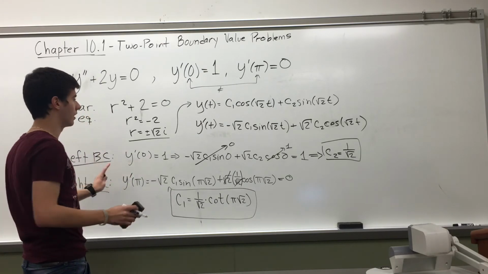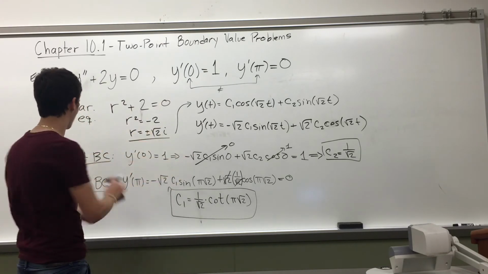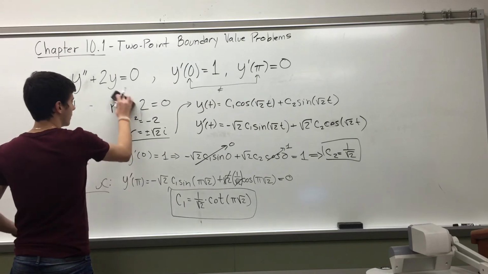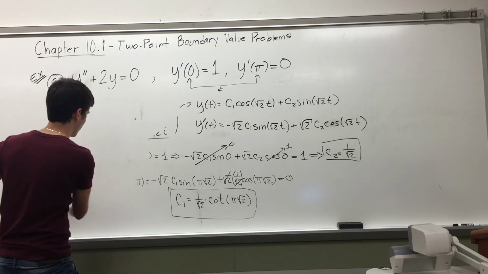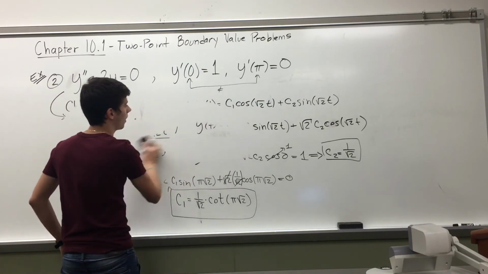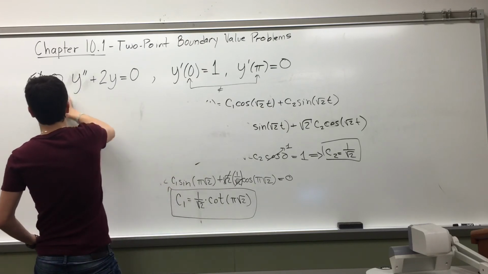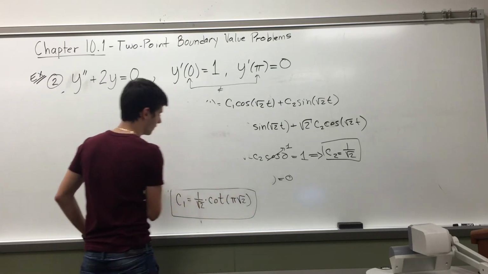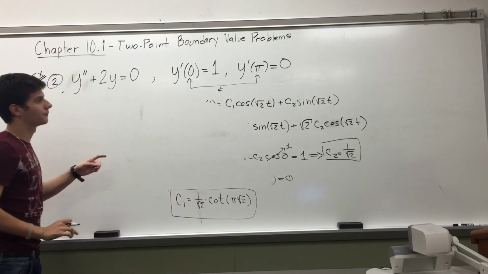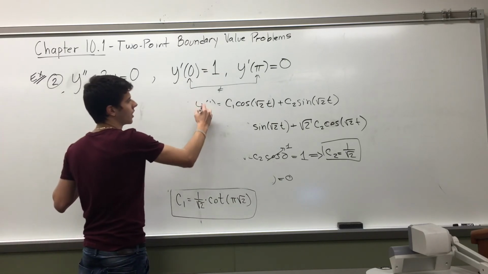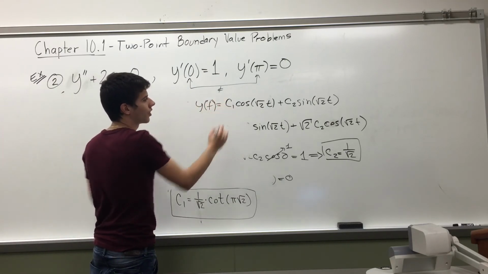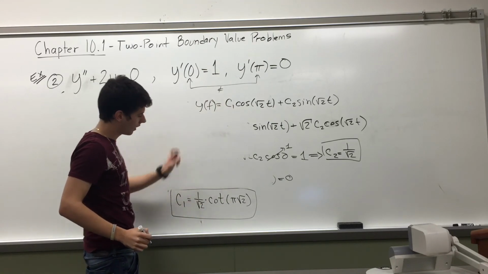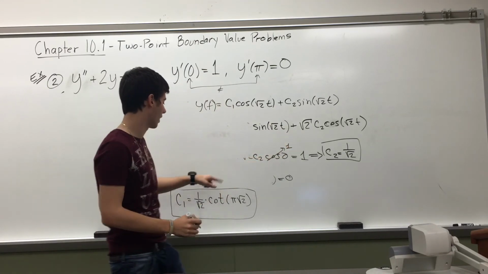I'm going to erase this part of the board where it's not relevant to write out our boundary value problem. So here, this is our general solution, and these are our constants that we got.